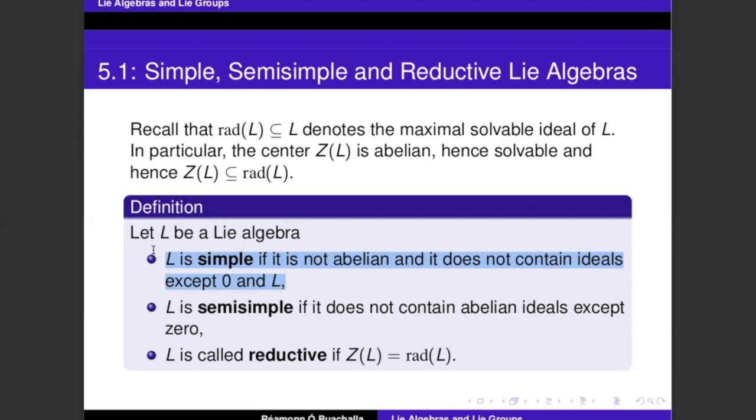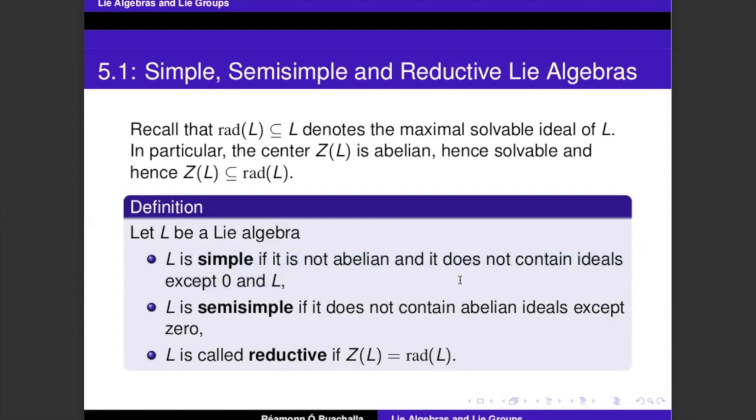Next, we go to semisimple, so we weaken this a little bit. We say that L is semisimple if it does not contain abelian ideals except 0. Not ideals, but abelian ideals. So it's definitely weaker. We see that simple clearly does imply semisimple.